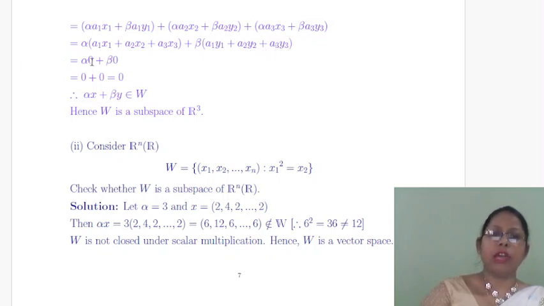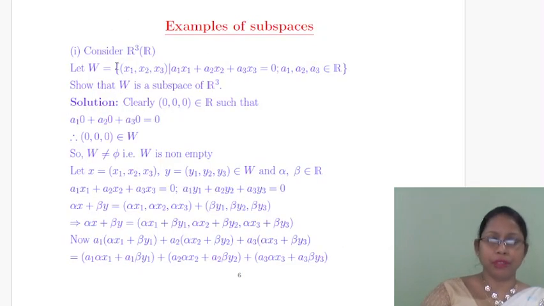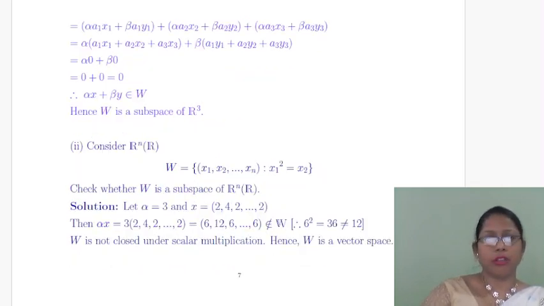This is equal to alpha 0 plus beta 0, using the values above. So alpha 0 plus beta 0, using the properties of vector space, is equal to 0 plus 0, which is equal to 0.